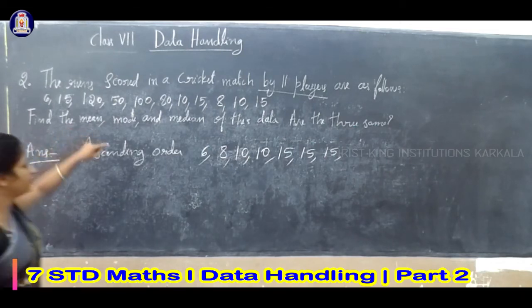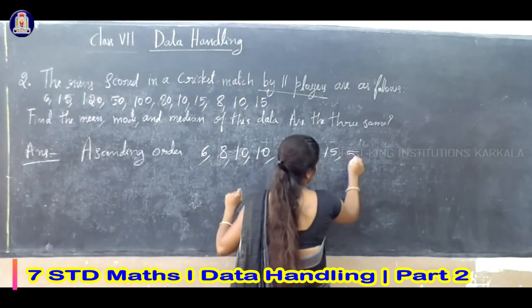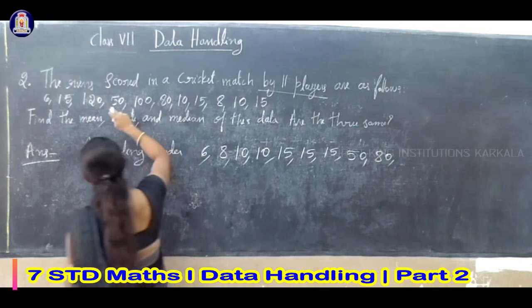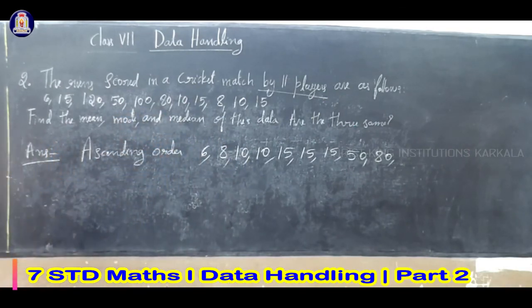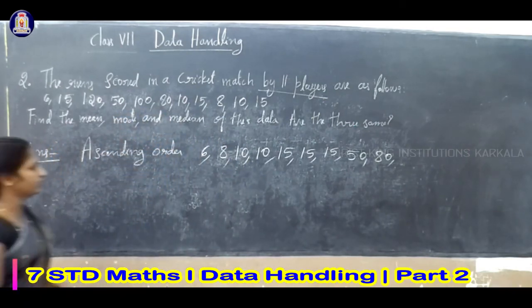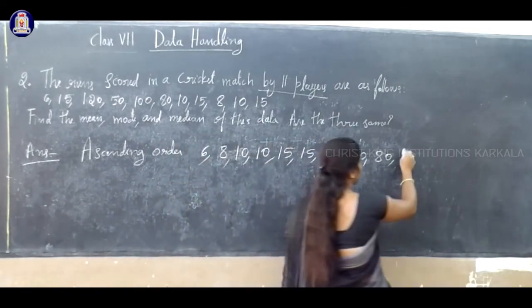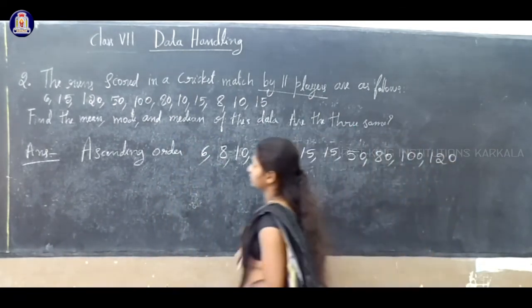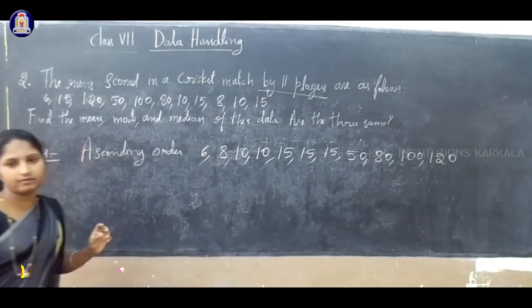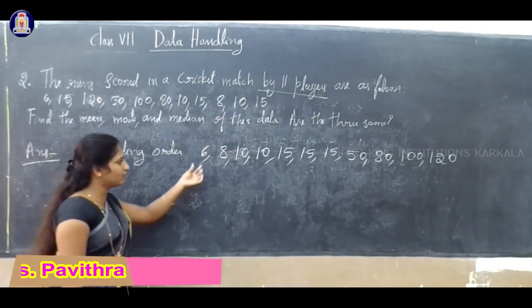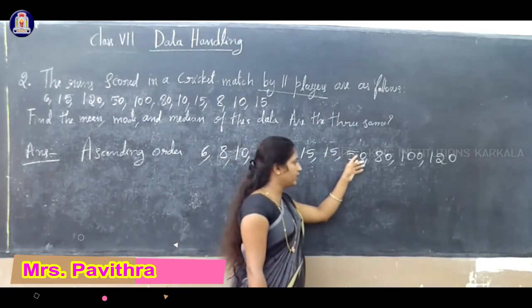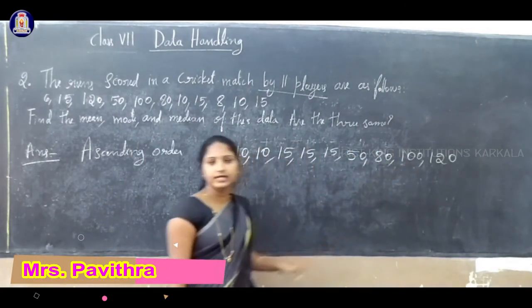No, 50, next 80 is there. So 50 comma 80 comma, the next number is 100. Is it correct? 100 and next 120. So 100 comma 120. So how many members played cricket? There are 11 members who played cricket. Now you can count and see: 1, 2, 3, 4, 5, 6, 7, 8, 9, 10, 11. So we got 11, correct?